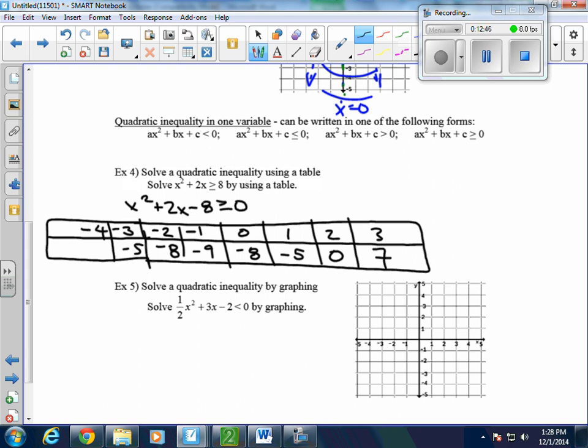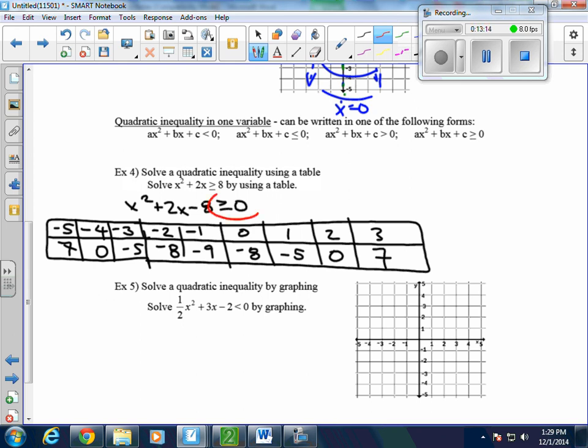If I put in negative 4, that's going to give me 16 minus 8 minus 8, which is 0. And if I put in negative 5, it's going to give me 25 minus 10, which is 15, minus 8, which is 7. And so now you can see where the pattern happens here.